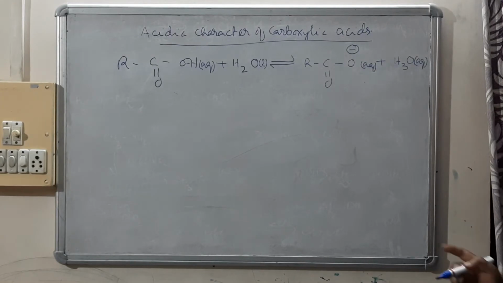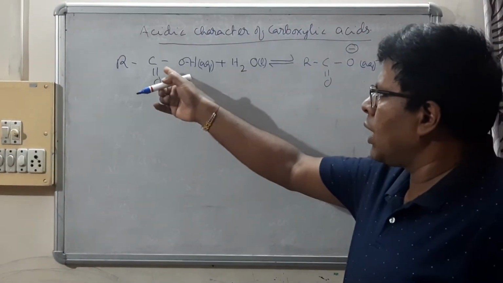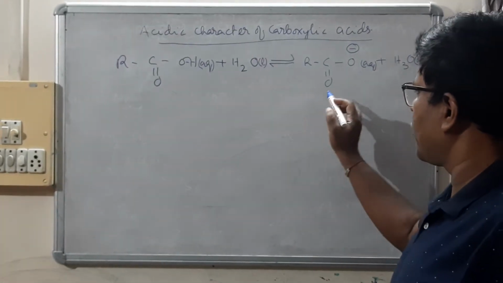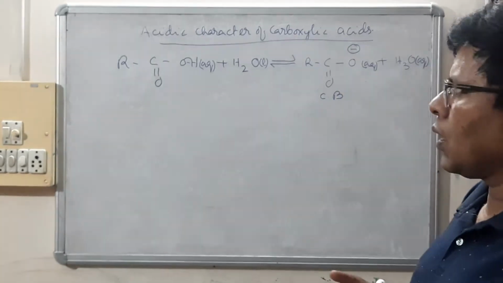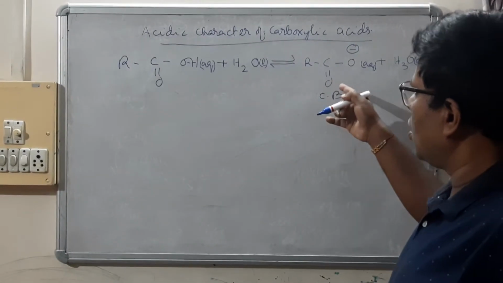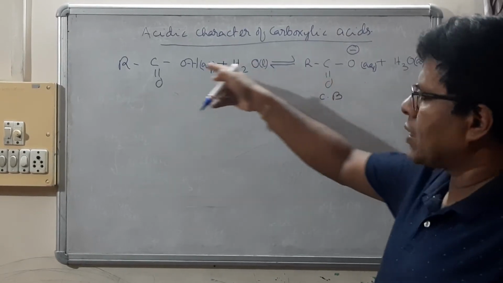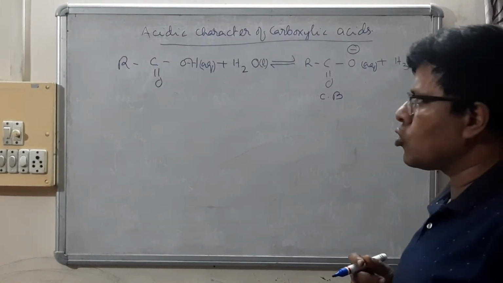So, because of this equilibrium, we say that carboxylic acid is acidic in nature, and of course this is a conjugate base, and the more stable the conjugate base, the more acidic will be the carboxylic acid. This is a very important thing you should remember.